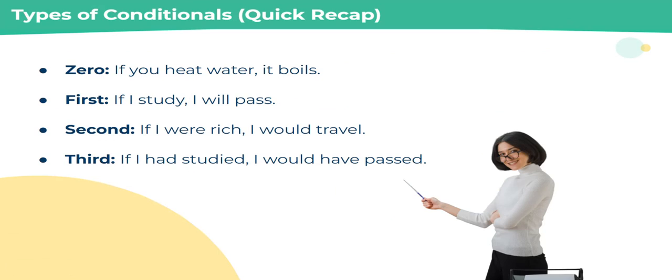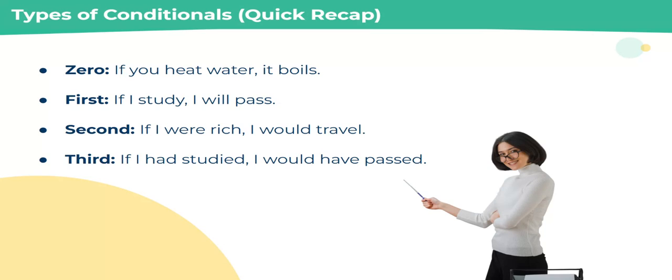We have the first conditional. If I study, I will pass. This uses the present with the future. Second, if I were rich, I would travel. And the third conditional, if I had studied, I would have passed.